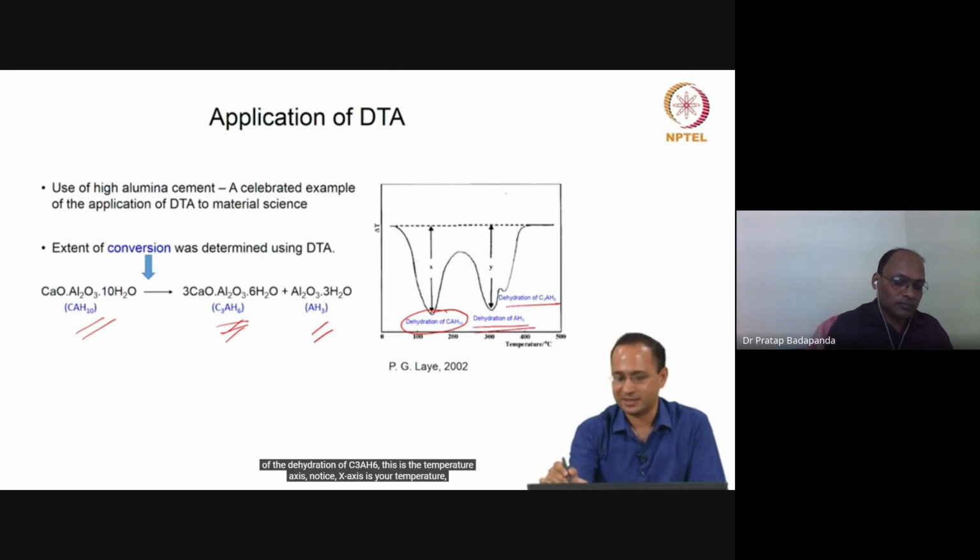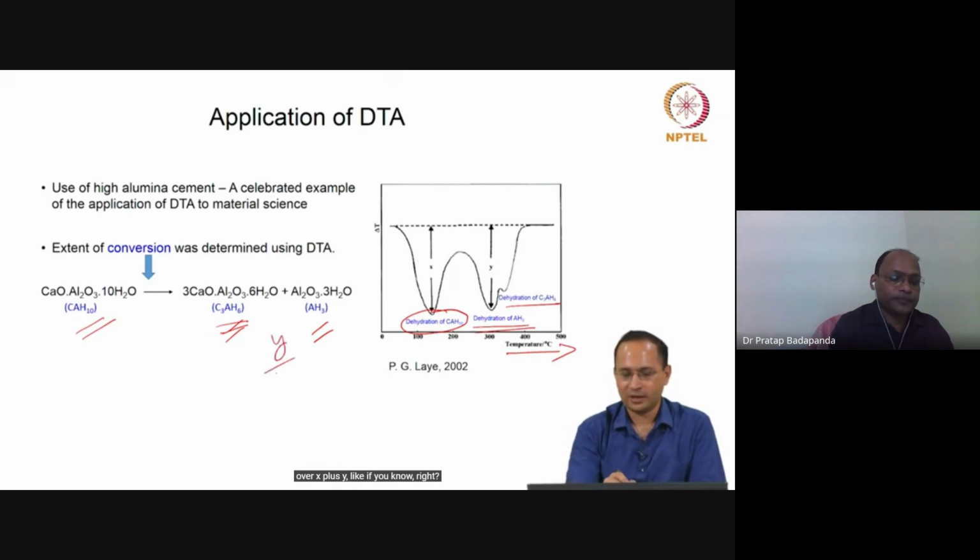This is the temperature axis. Notice the x-axis is your temperature, right. Now if you have to get the extent of conversion, a simple thing would be you can do y over x plus y. This is obviously not exact because we are now looking at the peak height.